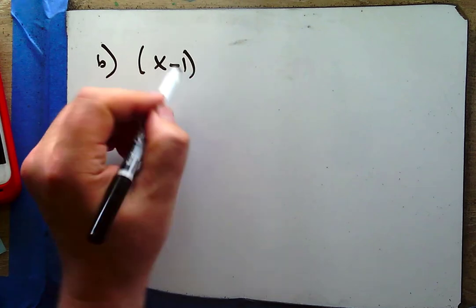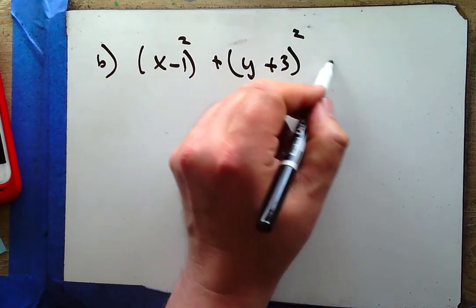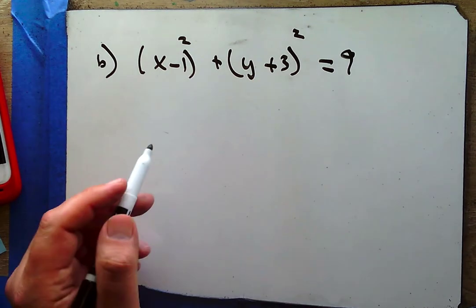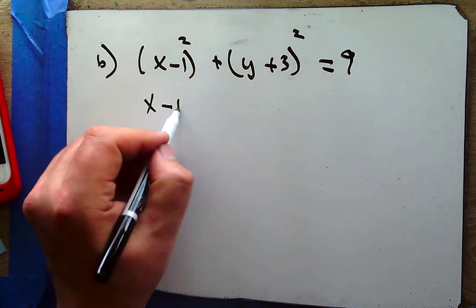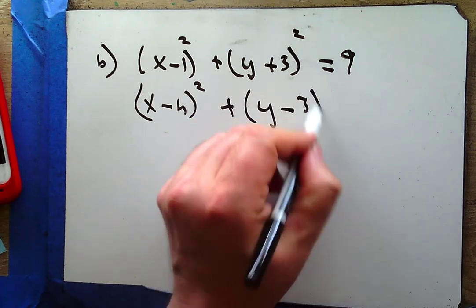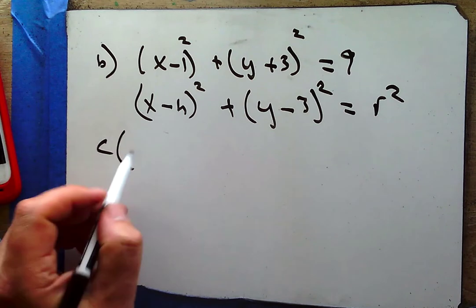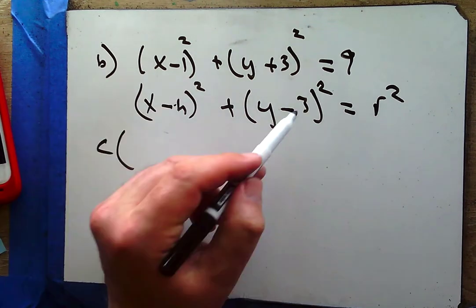(x minus 1) squared plus (y plus 3) squared equals 9. Now remember, our circle formula has minuses. So where's my center? Well, center is h, k.